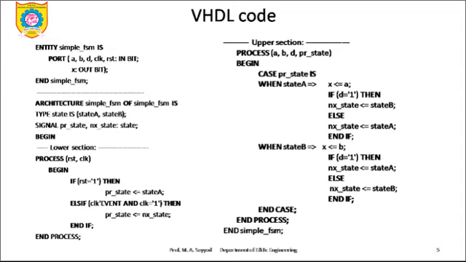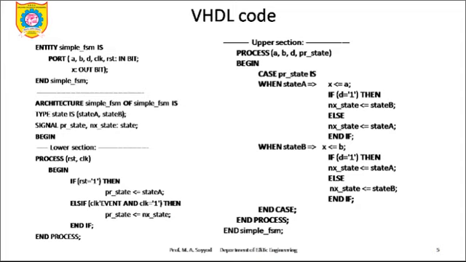Now two signals are also declared as earlier, present state and next state. They are also of the type state. Now the VHDL code starts: process, which is the lower section, with clock comma reset. Here we have written if reset is equal to 1, then your present state is state A, and whenever there is a rising edge of clock, whatever your next state is will be assigned to present state.